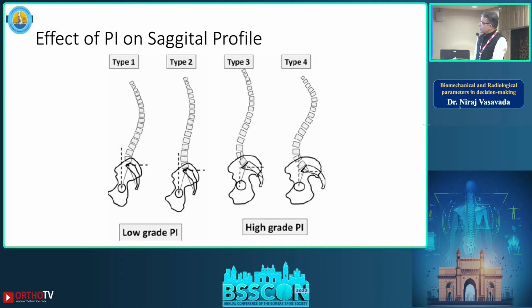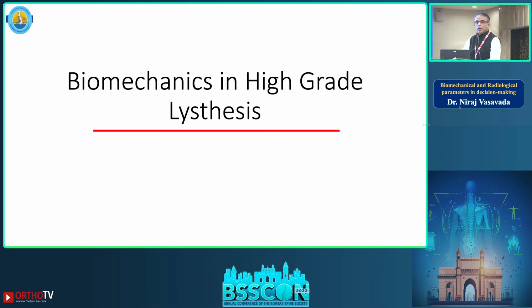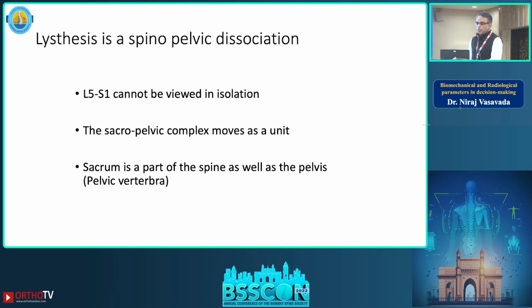So a low PI patient will have a low lumbar lordosis, and high PI patients would have a higher lumbar lordosis. It goes without saying that these are the patients who will experience more shear forces and can have further problems with their spondylolisthesis.